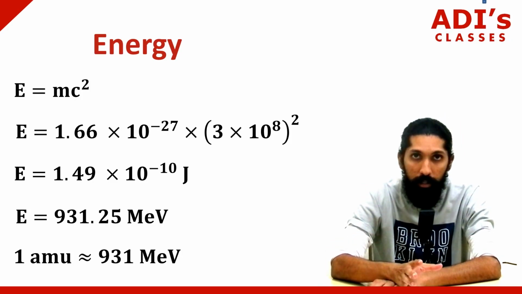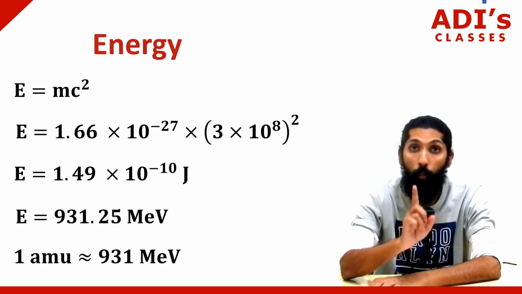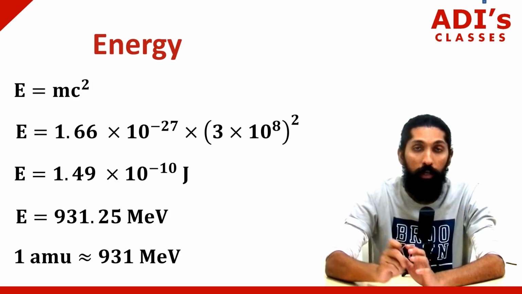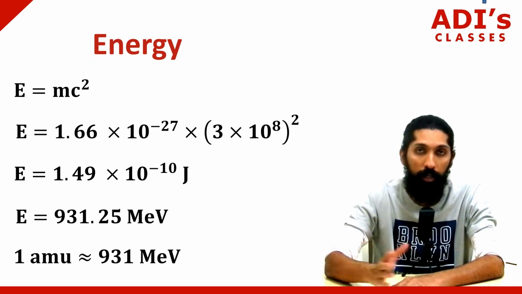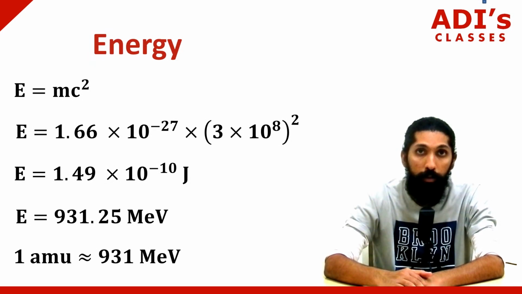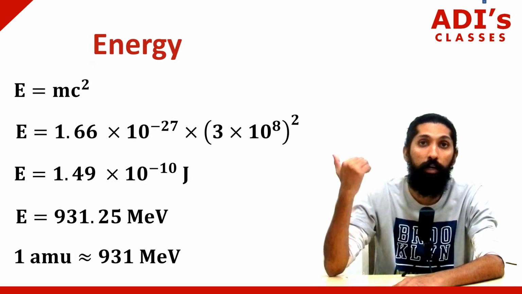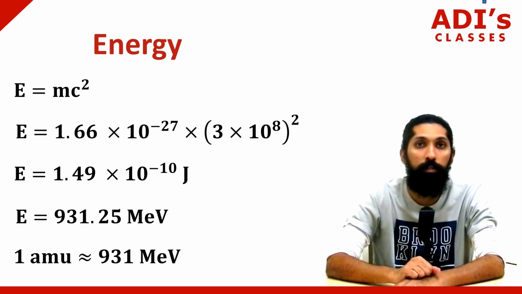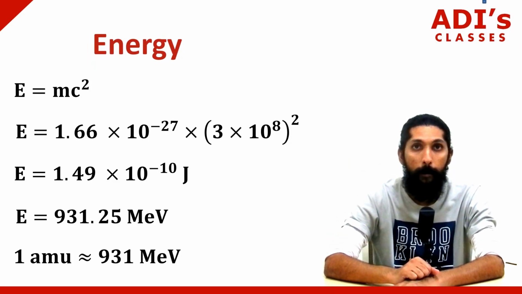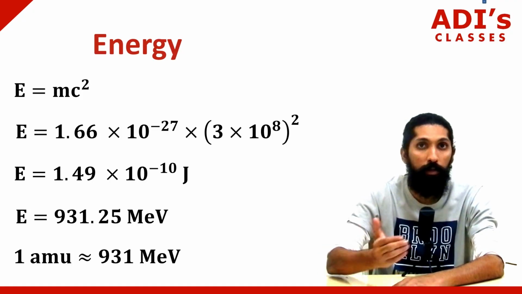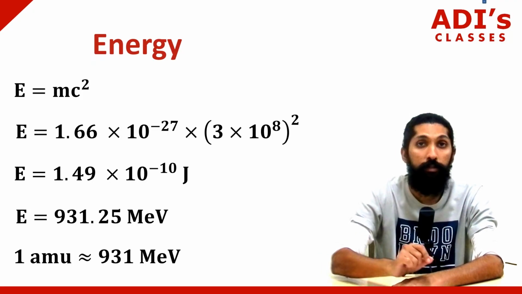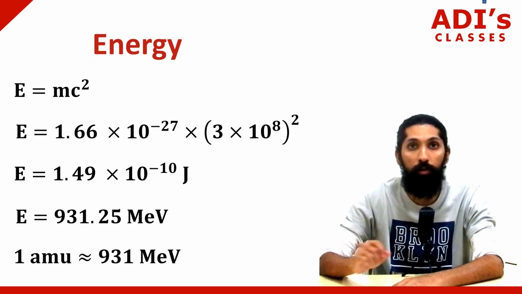Let's say you have 1 kg of water. If you completely convert that into energy, you are going to get so much energy, you can run the whole world for about 10 years. That is the energy equivalent I'm talking about. So 1 AMU gives 931 mega electron volt of energy.